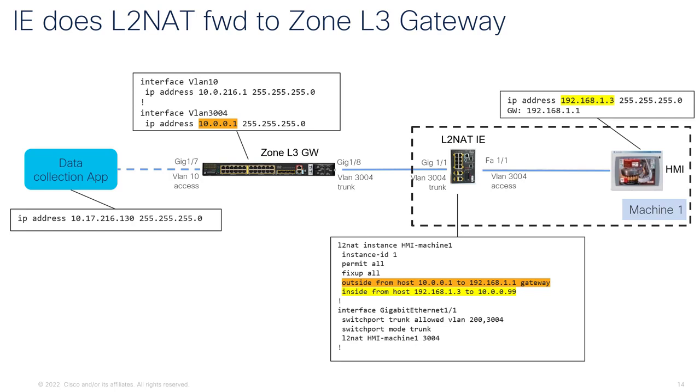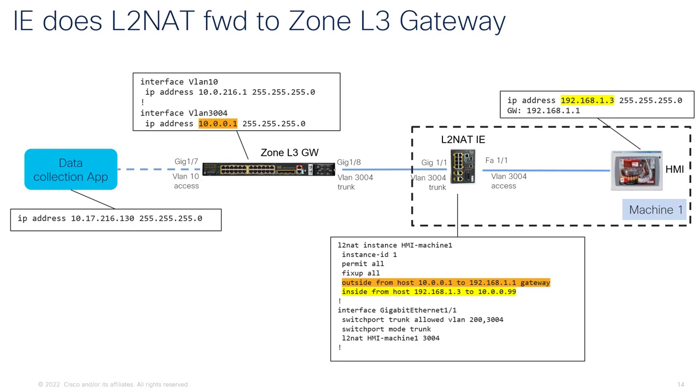Note that if you look below the layer 2 NAT switch, you'll see the CLI configuration. This is what we call an instance. It's really like a structure where you define how the layer 2 NAT translation is supposed to work. And we've given it a name called HMI Machine 1. And you can see that in orange there, we have an outside translation for the zone layer 3 gateway.